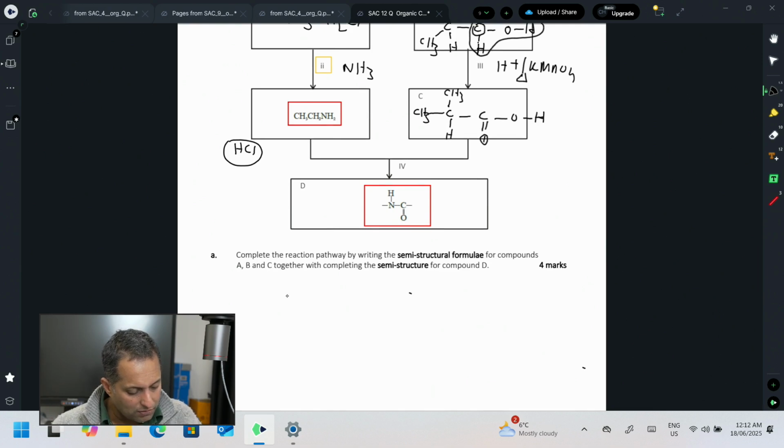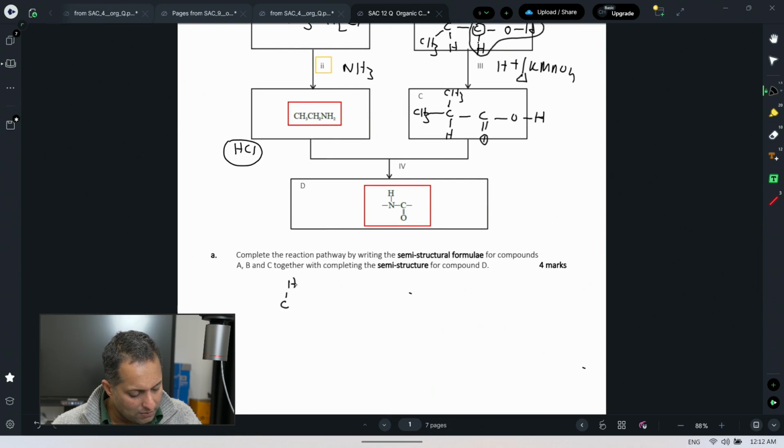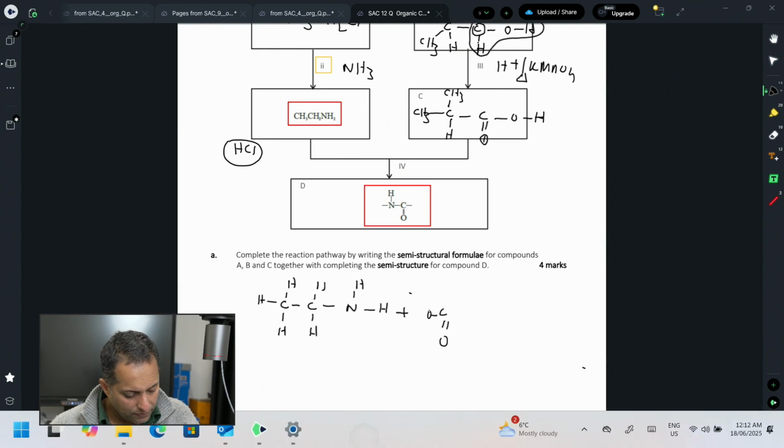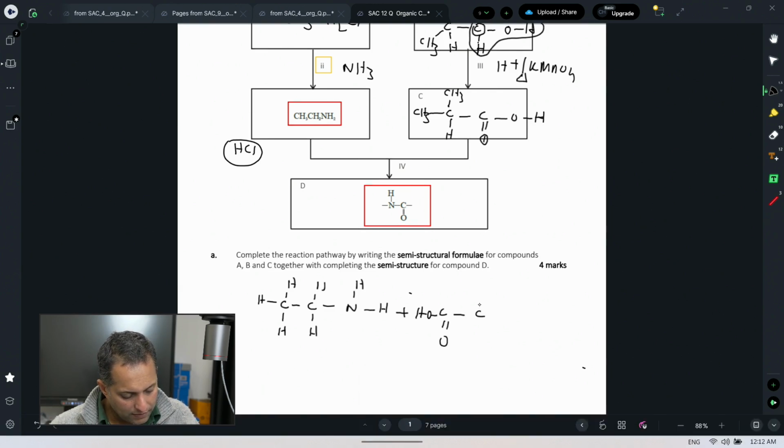Okay, you want me to show you how this happens? Look, in order to do that, I'll draw. Let me draw the semi-structural formula, right? No, the structural formula. Then I can show you how this happens. Okay, look at that. Now I'm going to show the functional groups facing next to each other.